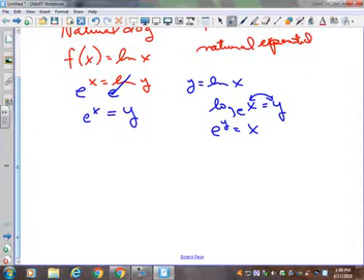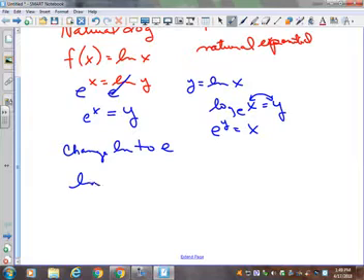All right, the next thing we have to know how to do is how to change ln to e when it's written in an expression form, such as ln of 2 is approximately the decimal 0.931.